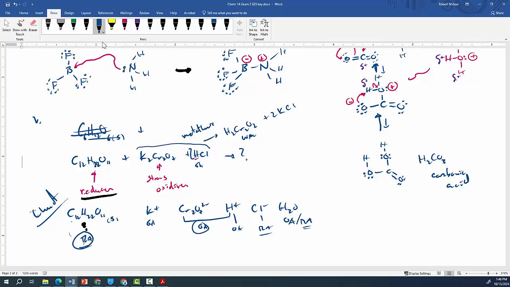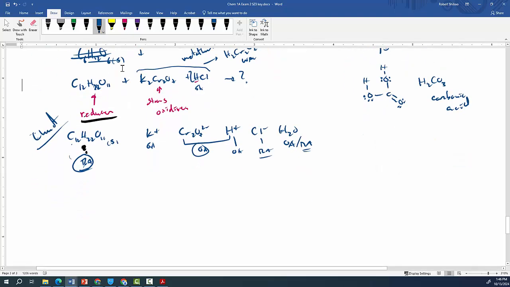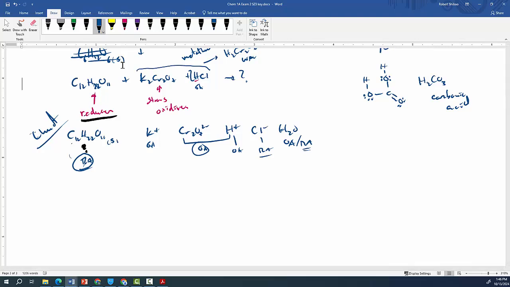As far as our oxidizing agent goes, it's going to be dichromate and H+. That would be the strongest oxidizer. So the oxidizer is easy because it's just dichromate. We just copy it off the chart, plus 14 H+ plus however many electrons. Let's see how many electrons. It's going to go to 2 chromium 3+ plus 7 H2O liquids.